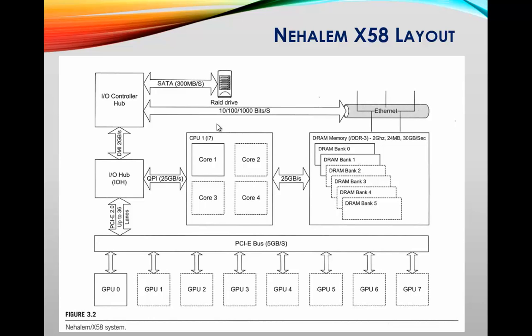It's actually a huge advance over the front side bus, because the speed of communication with the QPI is now at the rate of 25 gigabytes per second, which is a huge improvement in terms of the bandwidth connecting your CPU with your other devices.